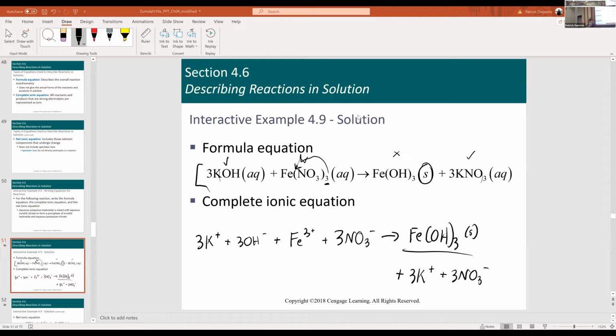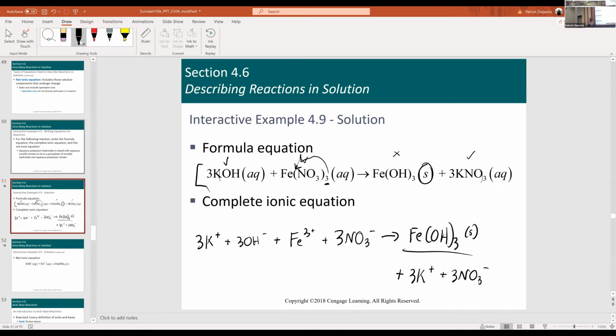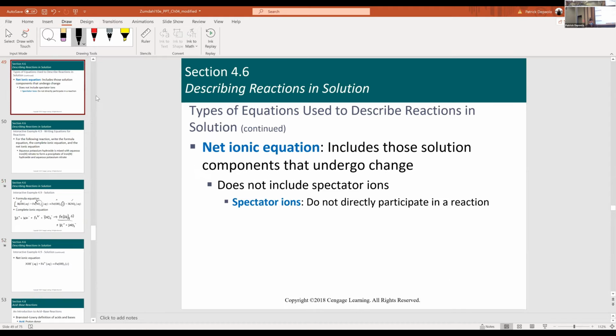Now the next step of simplifying this is getting the net ionic equation. Well, we'll look at the definition first. The net ionic equation includes those solution components that undergo the change.